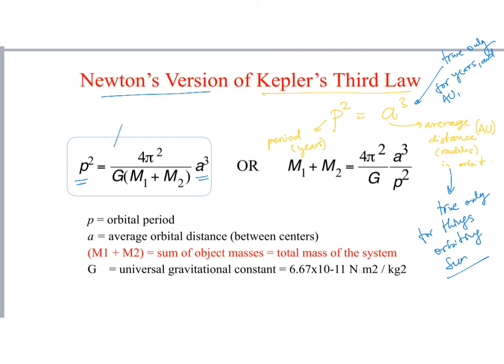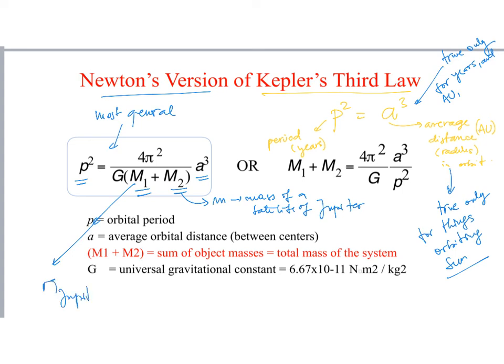This is a lot more general, most general, and it applies to any things that orbit around anything else. So this could be a little m, say mass of a satellite of Jupiter, and this would be the mass of Jupiter, right?